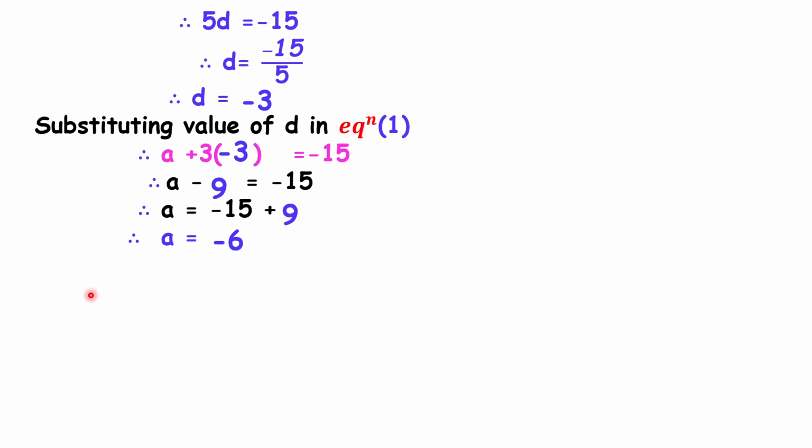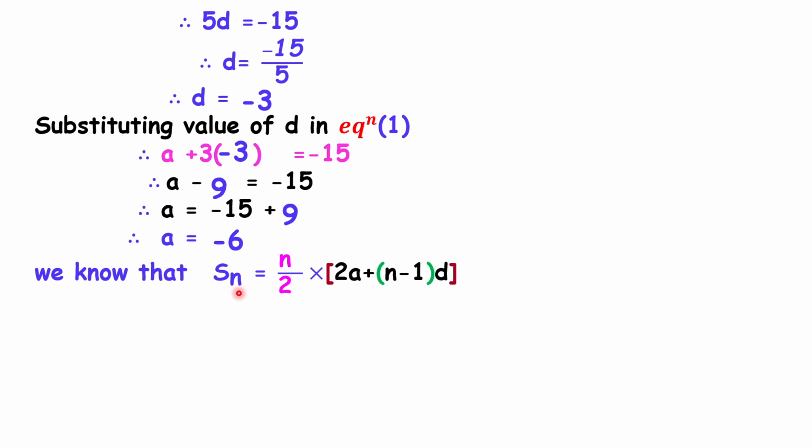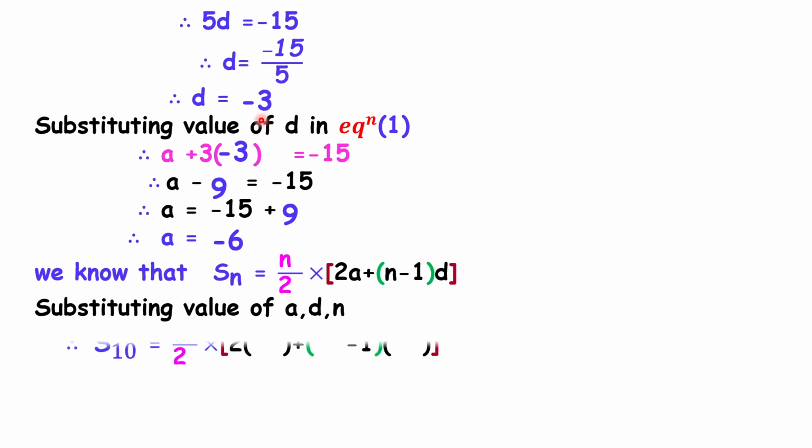We have to find the sum of the first 10 terms. Therefore we use the sum of n terms: Sn is equal to n by 2 into (2a plus (n minus 1) into d). To find the sum of the first 10 terms, put n is equal to 10. a is equal to negative 6 and d is equal to negative 3.